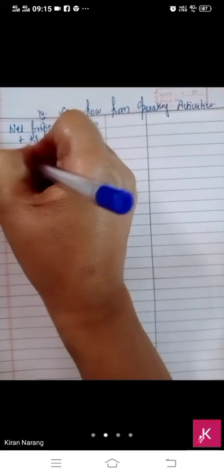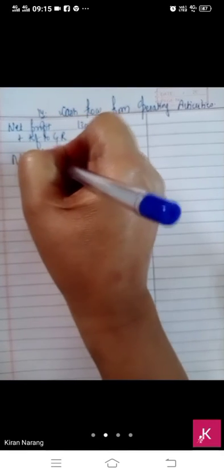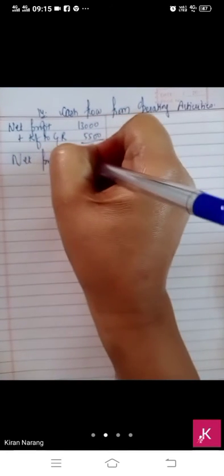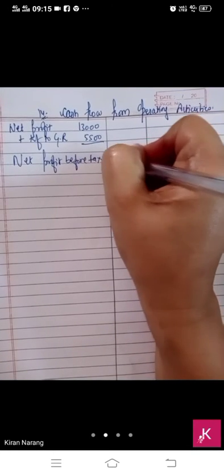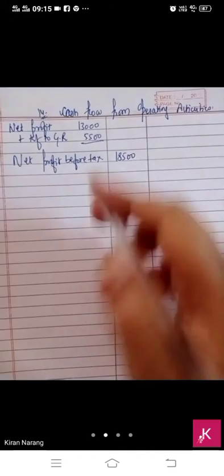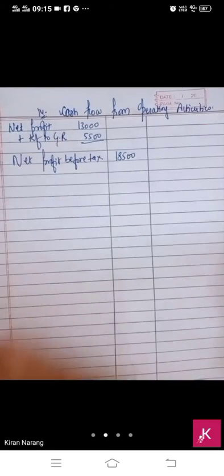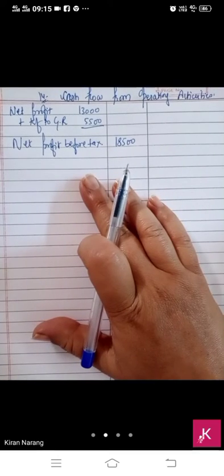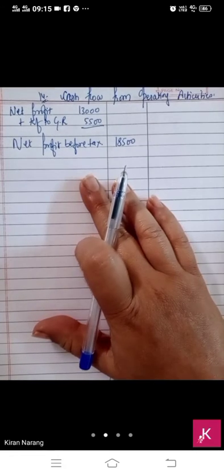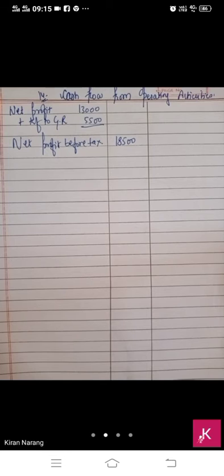Now net profit before tax is 18,500. From here the question will start. This was the concept of the working note. Now we have to start the question from net profit before tax, and that is 18,500.